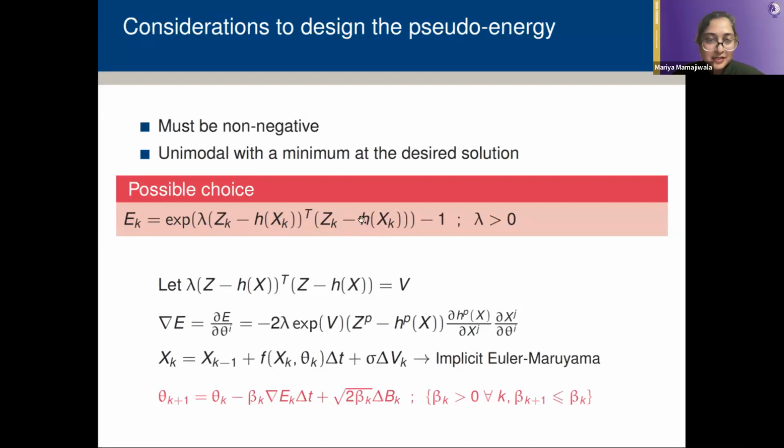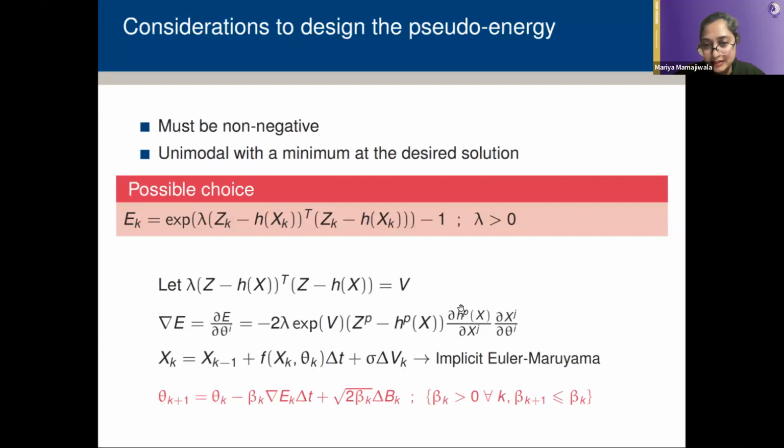So if I call this term inside the exponential as v, then this is what the gradient of E would look like. It contains this squared error, exponential of squared error. Then it contains term-wise, the component-wise errors appropriately multiplied with the partials of h, which is the measurement function, and then partials of x. So to get the partials of x, we just do an implicit Euler-Maruyama integration according to this equation, and it would just be partials of f.